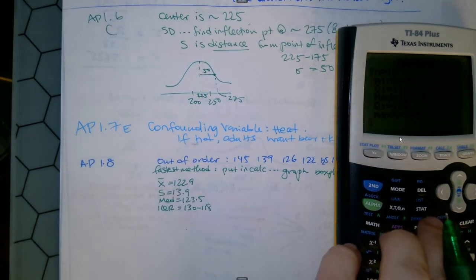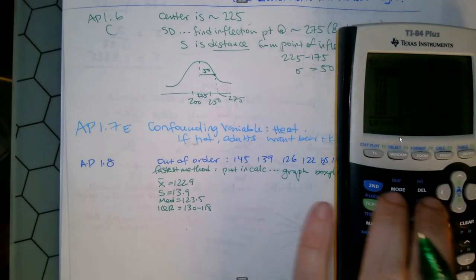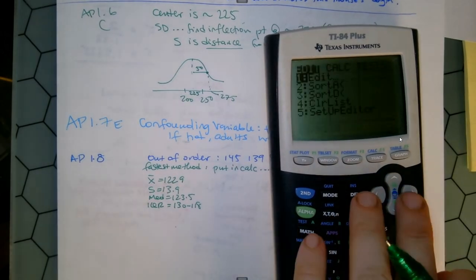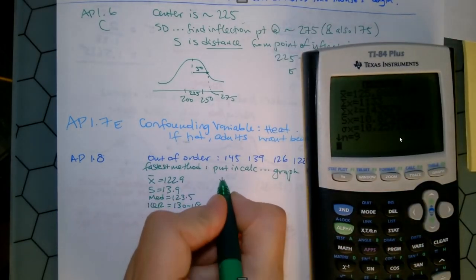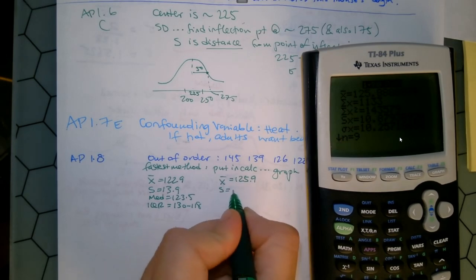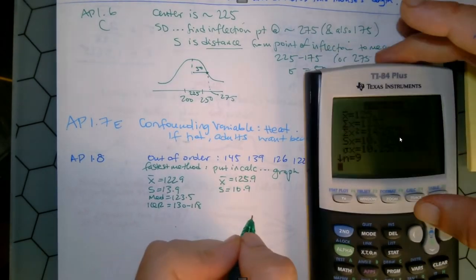All right, I will remove the unusual child. Delete. He's gone. We do that again. One-variable stats of list 1, this time without the outlier. So if I remove the outlier, the mean will rise. The standard deviation has dropped because the outlier is not there anymore, so it's less spread out.